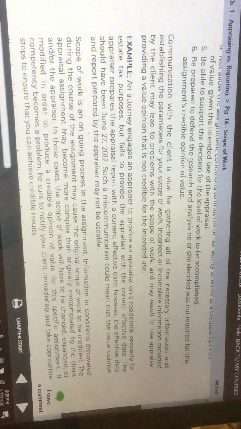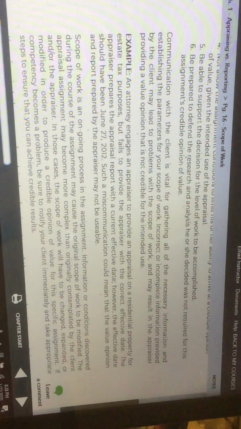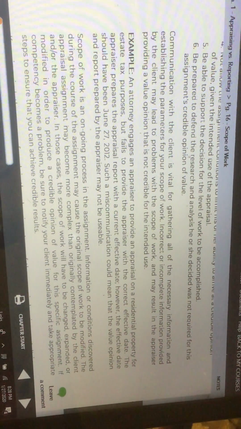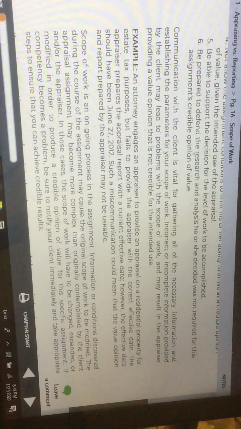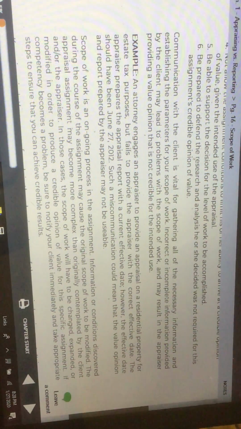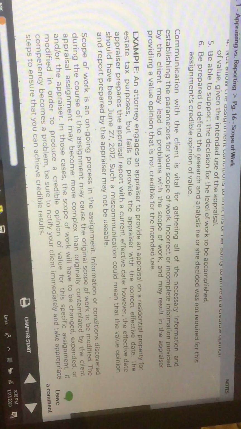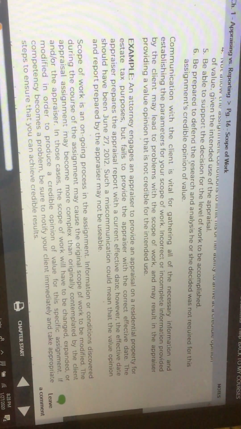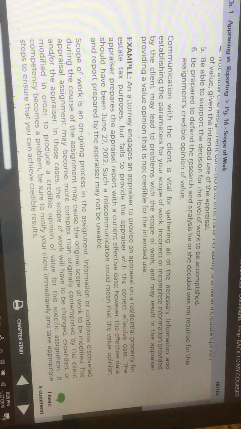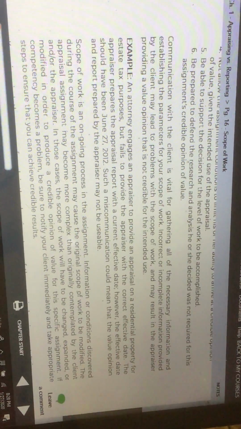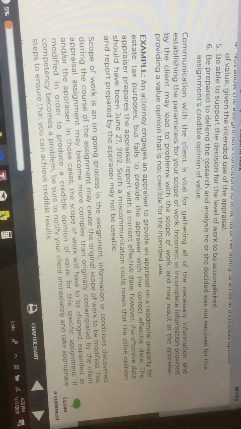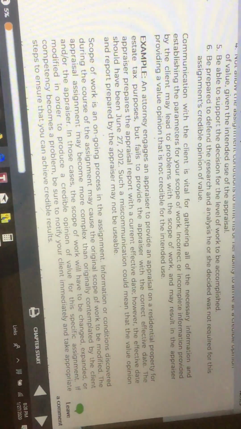The appraiser prepares the appraisal report with a current effective date. However, the effective date should have been June 27th, 2012. Such a miscommunication could mean that the value opinion and report prepared by the appraiser may not be usable.